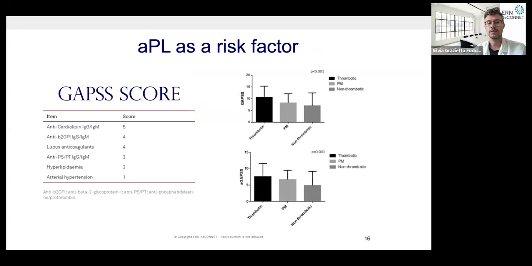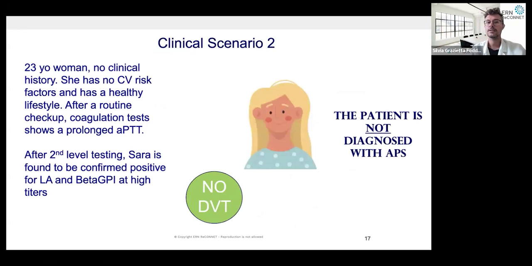Not only that, it also includes clinical factors such as hyperlipidemia or arterial hypertension, which are traditional cardiovascular risk factors for the development of thrombotic events. With the GAPS score, you can get an idea of how much the thrombotic risk increases depending on the number of positive APL tests. Let's go to the second clinical scenario.